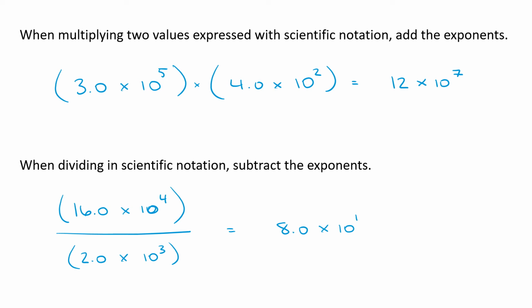Times 10 to the first, or just times 10. That's the same thing. Anything to the first power is just itself. So since it is just times 10, I can say that is also just like 80. That's beside the point.